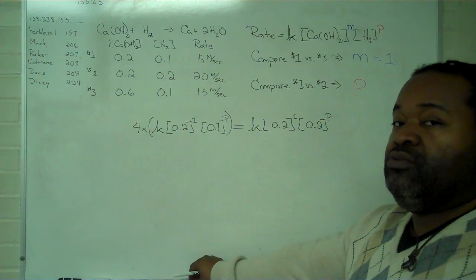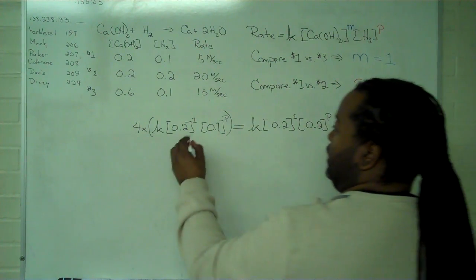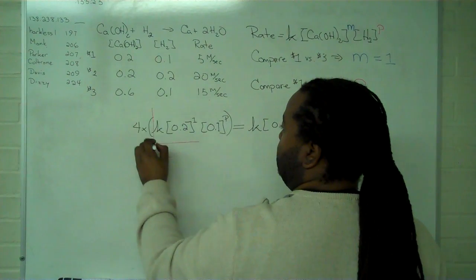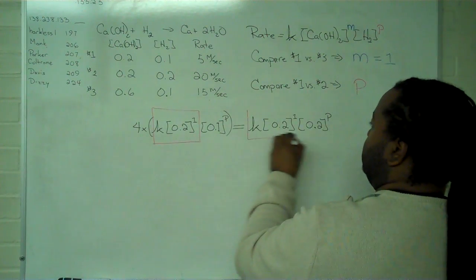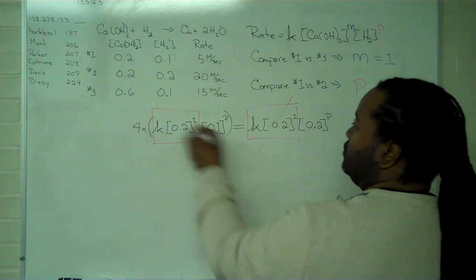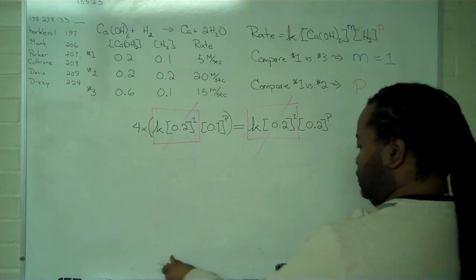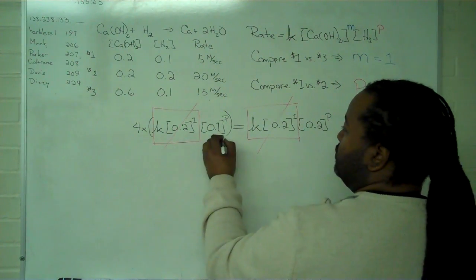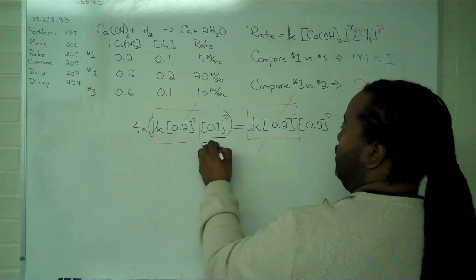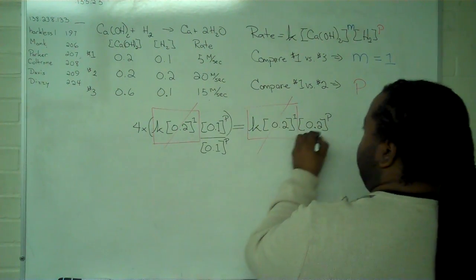So we're going to do the same thing with our cancellations now. I see that I have rate constant times 0.2 to the 1 on both sides, and I can cancel both of them. I need to simplify, so I will divide both sides by 0.1 raised to the p.